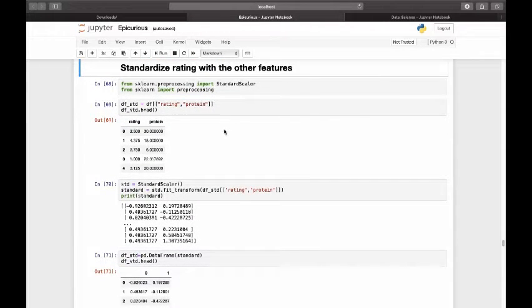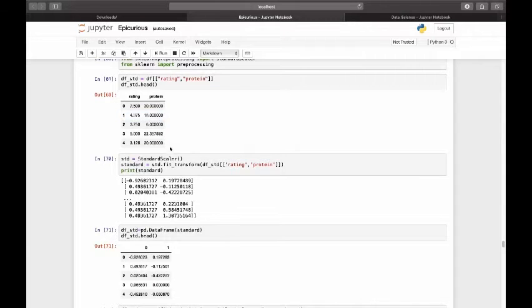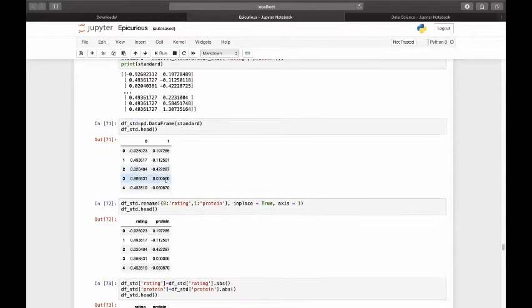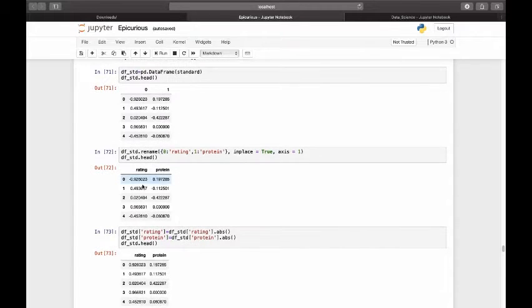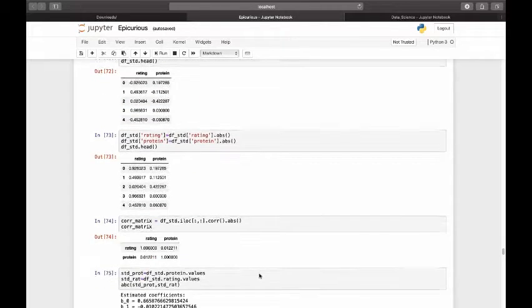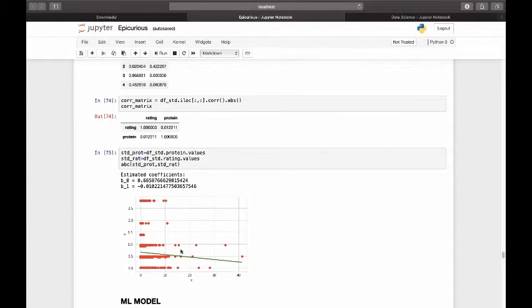So we used standard scaler to transform the rating and protein, for example, and again we passed them through that function, and again there's no hope, there's no correlation.